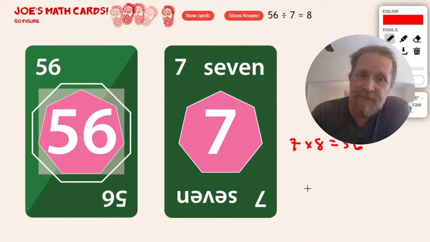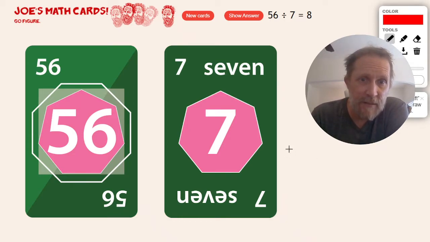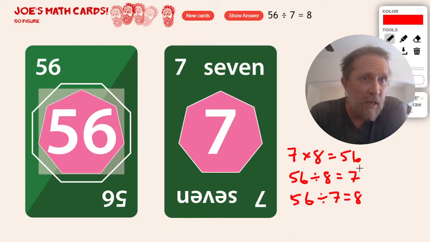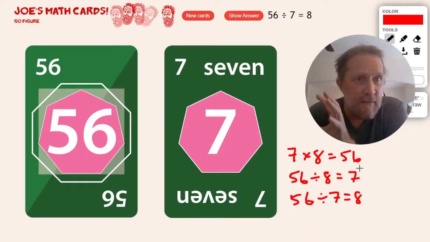What that means, let me write down a little bit lower than that. 7 times 8 equals 56. That means that 56 divided by 8 equals 7, and 56 divided by 7 equals 8. Okay, so these relationships would work for every single one of these.